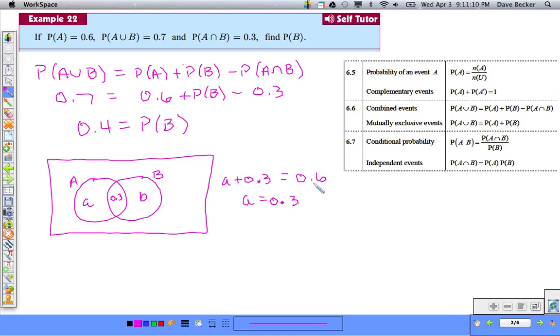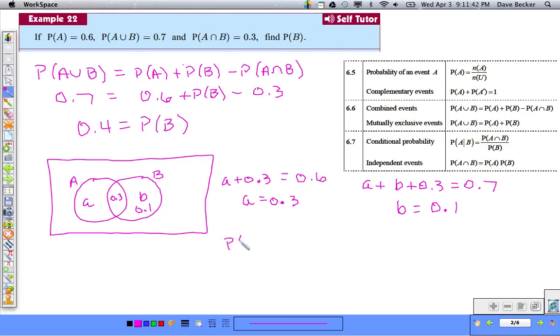Okay, why do I know it's 0.6? Because the probability of A is 0.6. I also know that a plus b plus 0.3 equals 0.7 because I'm given that the probability of A union B equals 0.7. I also know that a is 0.3, so I can easily get that b is equal to 0.1, which is what I'm after, because the question is, what's the probability of B?